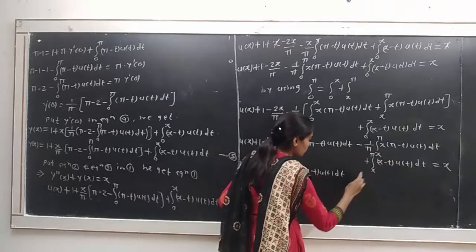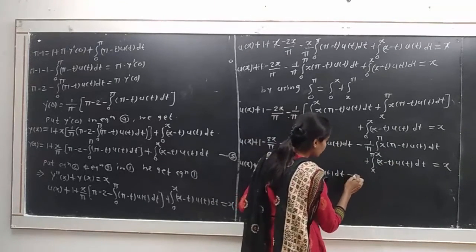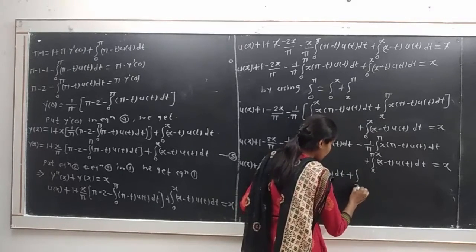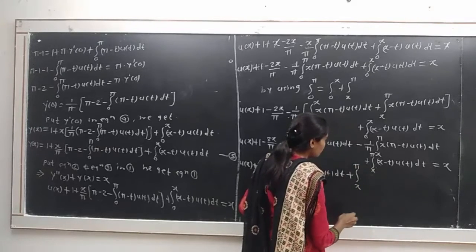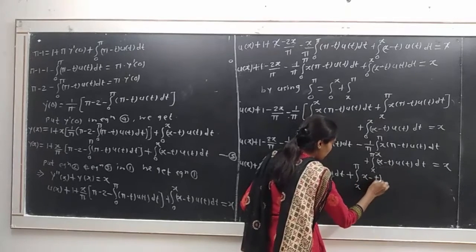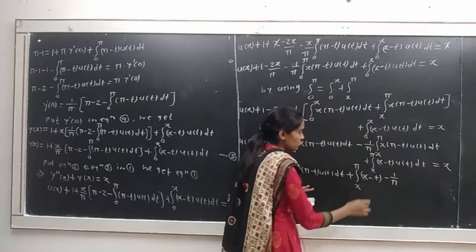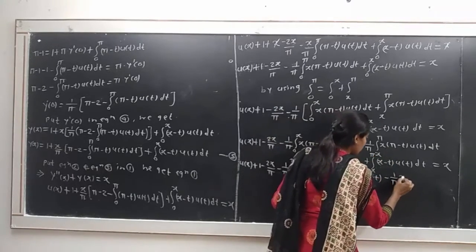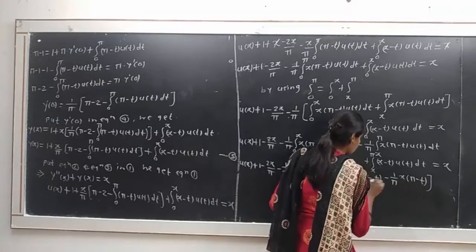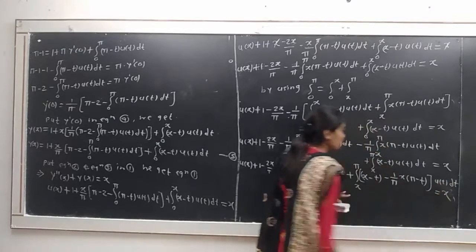Then we combine these two integrals. We get here plus integration from x to pi. We write first the coefficient of this integral, that is x minus t, then minus 1 by pi, coefficient of this integral, minus 1 by pi x in bracket pi minus t into u of t dt is equal to x.